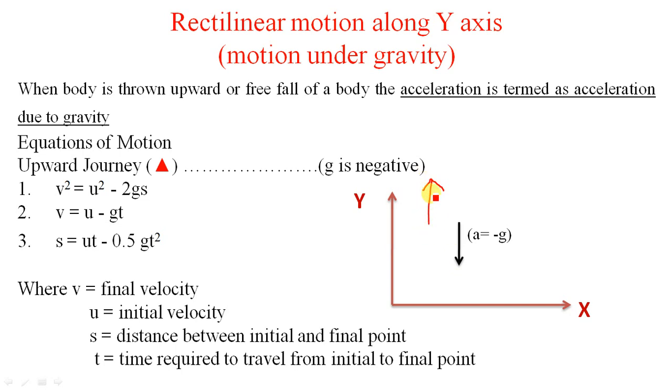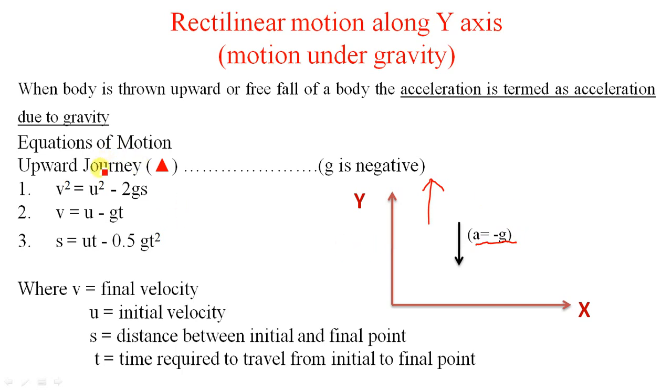So here the motion and the acceleration due to gravity are in opposite directions. Therefore we have to assume g is minus when the ball is thrown upward.